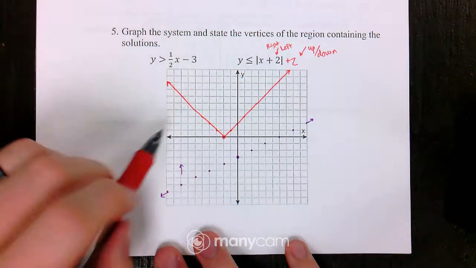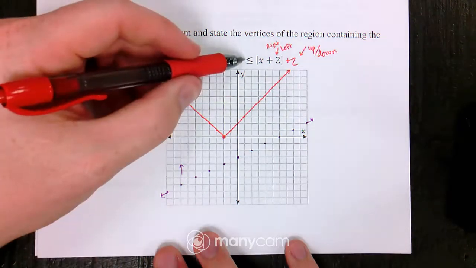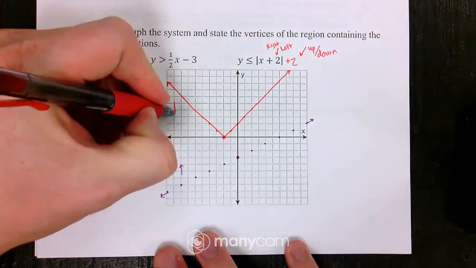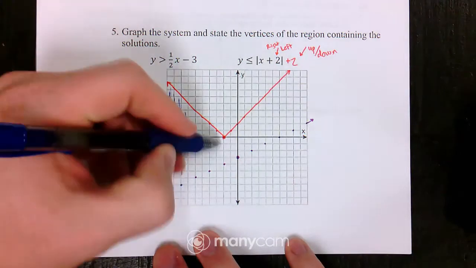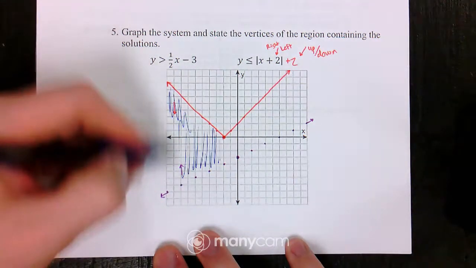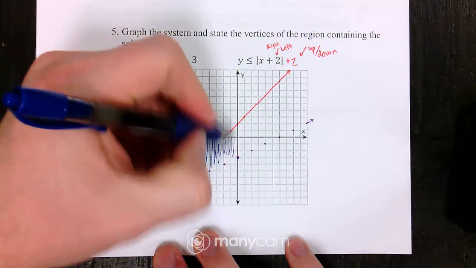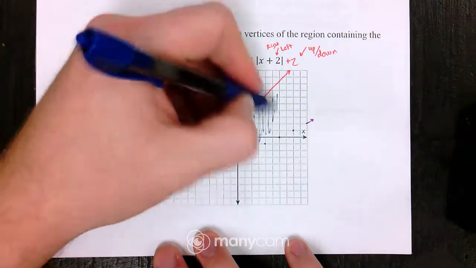Okay, so it's solid, and it's less than or equal to, so I'm going to fill in below it. So this is the area that I need to fill in, in between those two equations. So y can be somewhere in here.